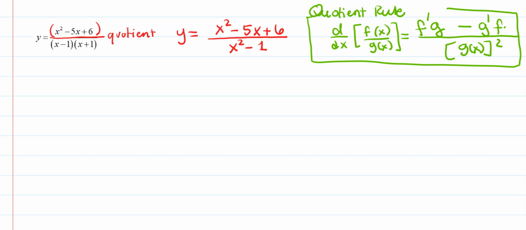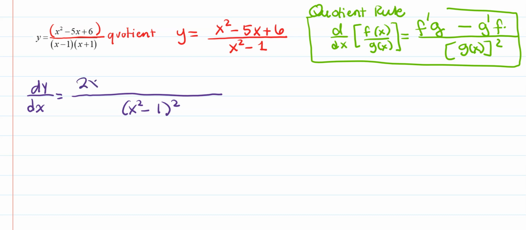We will see that dy, which is the derivative of y with respect to x, is going to be, on the denominator, x squared minus 1 squared. That's the g of x squared. On the numerator, I would have the derivative of the top, which would be 2x minus 5, multiplied by the bottom, which is x squared minus 1.